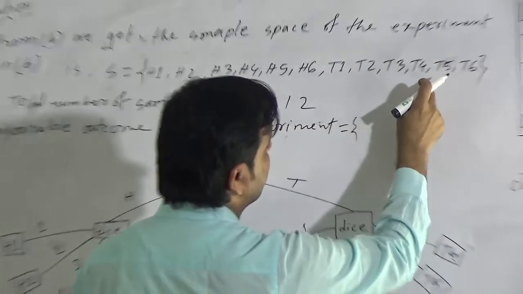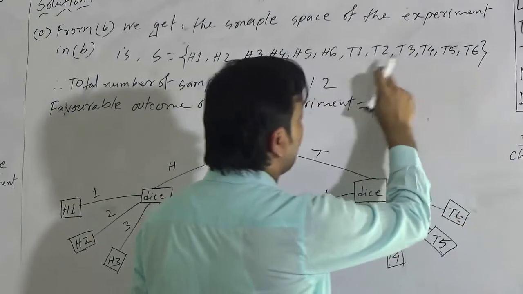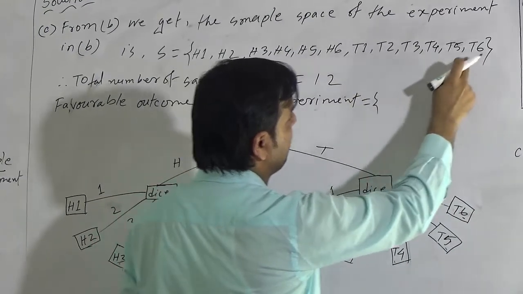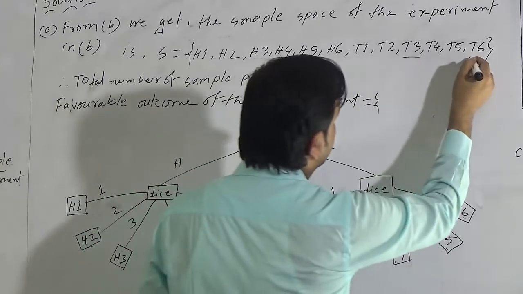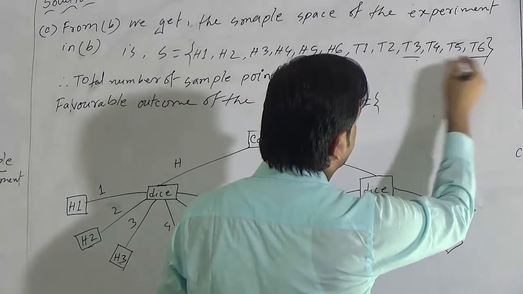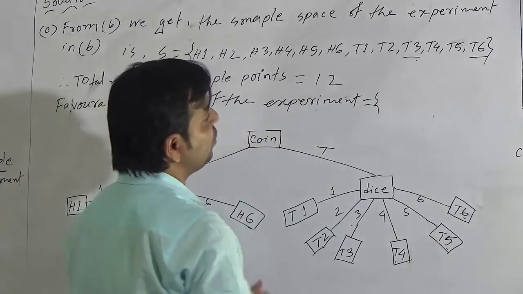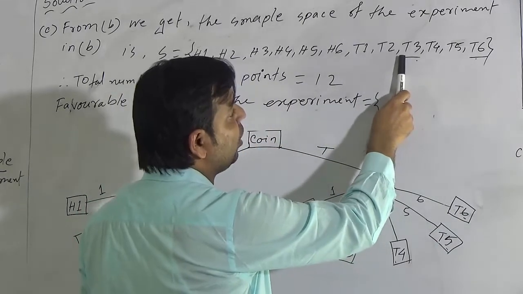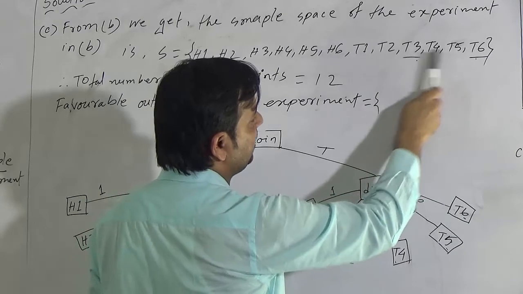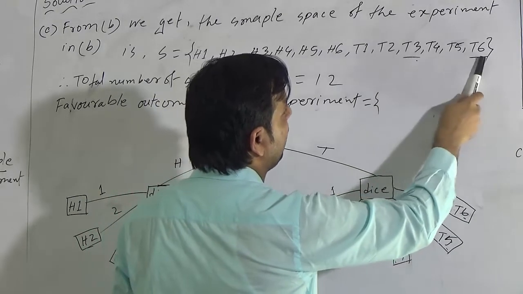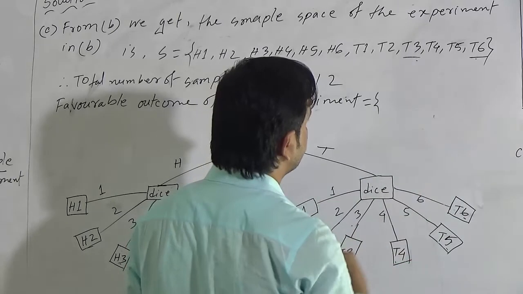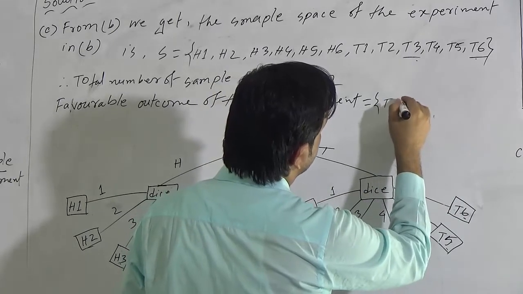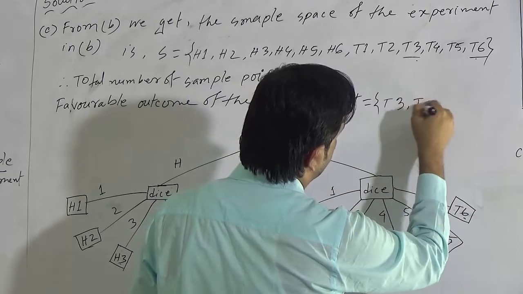T1, T2, T3, T4, T5, T6. But all of the numbers are not divisible by 3. Here only T3, T6. Here 3 and 6 are divisible by 3. So, we have to take tail on the coin and the number divisible by 3 on dice. So, this will be T3 and T6. These are the favorable outcomes.